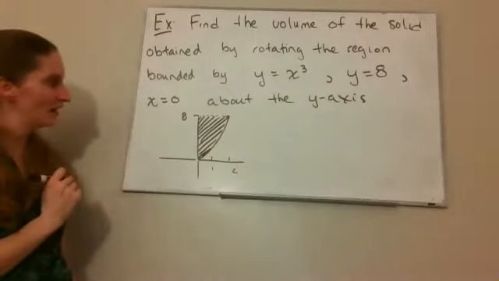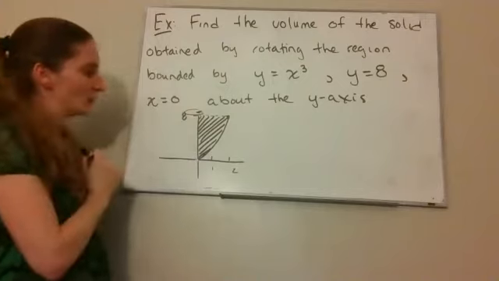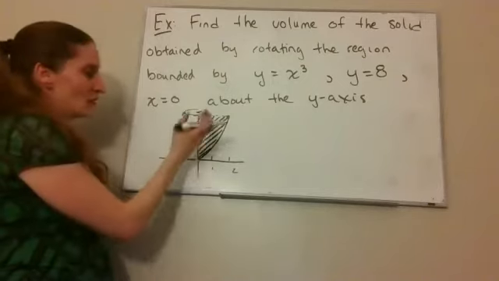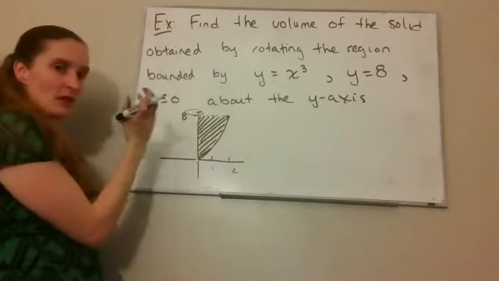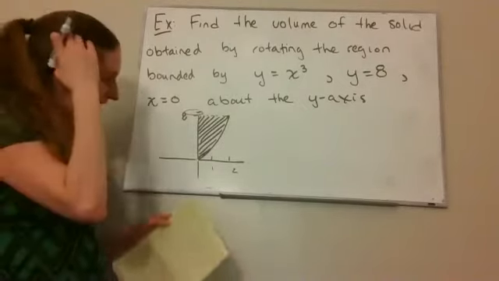We're taking that solid region and it says rotate it about the y-axis. So it's rotating this way. You can picture this object coming out of the board, going around the y-axis, through the wall, and what do we end up with?